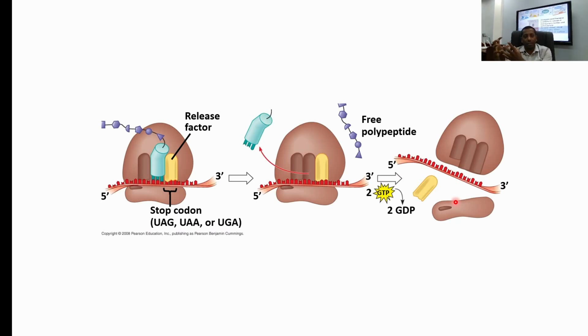So once the ribosome reaches the stop codon, it disassembles back into the small and large subunits.